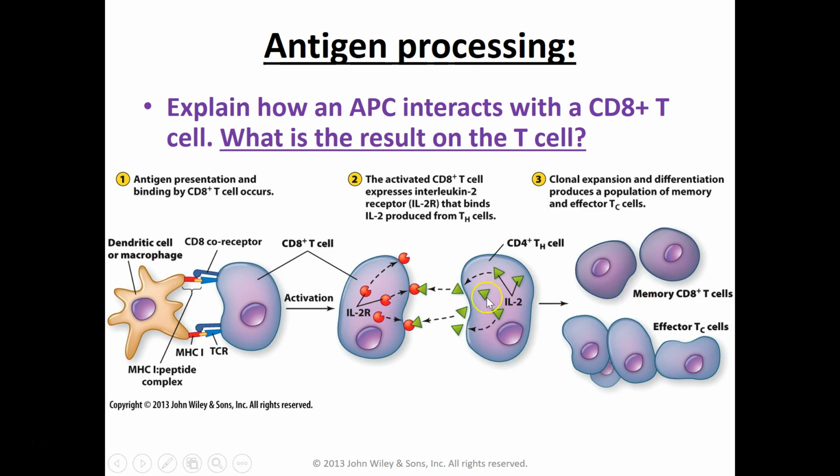They're going to release IL-2, which we know is going to cause the cells to proliferate. That's what is going to happen before you're going to actually get proliferation of a cytotoxic T cell. So one extra step here. Cytotoxic T cells cannot auto-stimulate themselves to proliferate like helper T cells can.